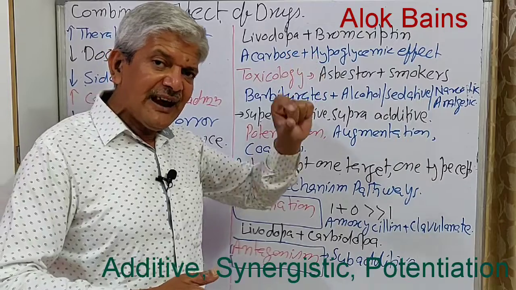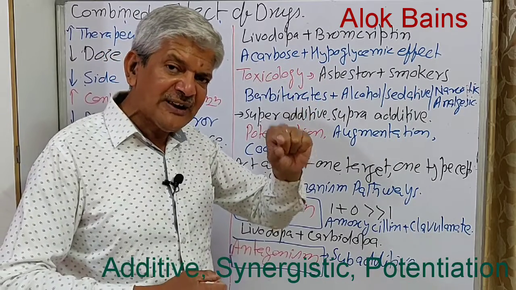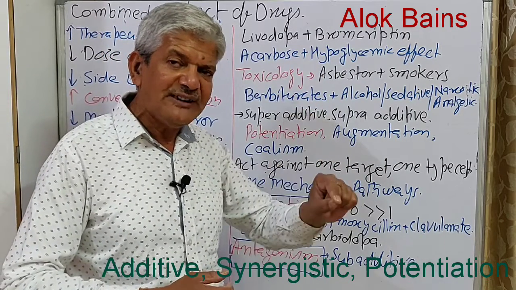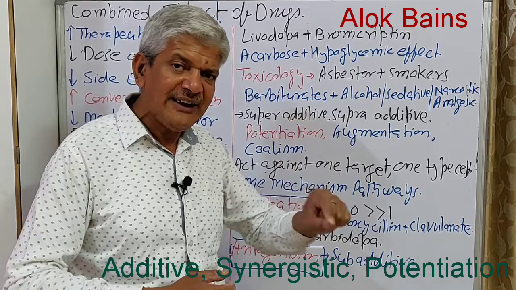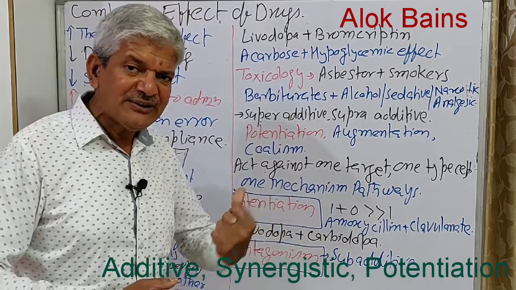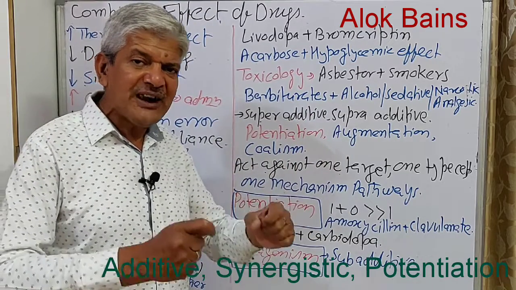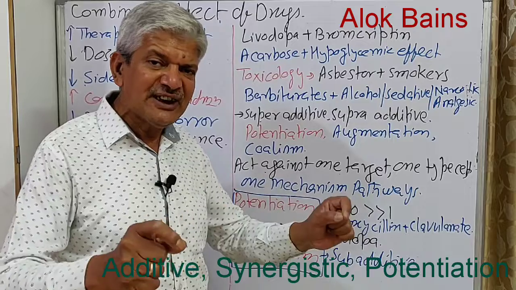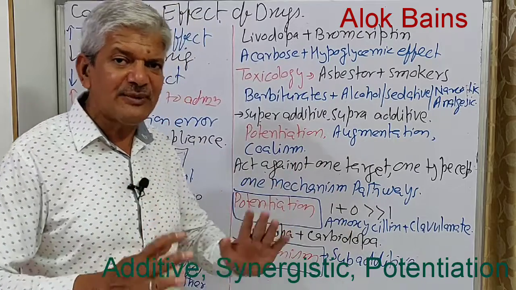Here in synergistic effect, the therapeutic effect is produced by acting on one type of cell, one type of target or one type of mechanism. But in potentiation effect, they produce the therapeutic effect by acting on different targets, different cells or different mechanisms.